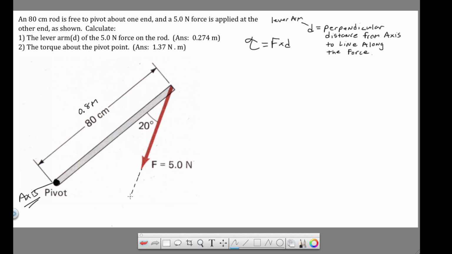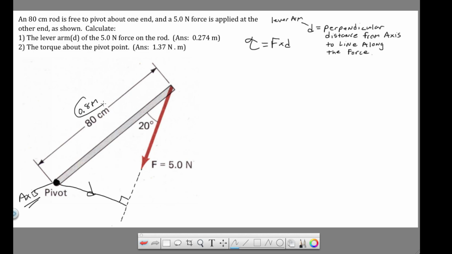We're just extending the force. There's a line along the force. And now, let's see if I can do a nice perpendicular to that line along the force. This distance here, that looks pretty good. This distance here is the lever arm. It's the perpendicular distance from the axis to the line along the force.